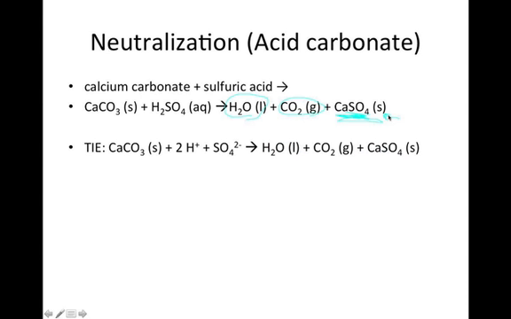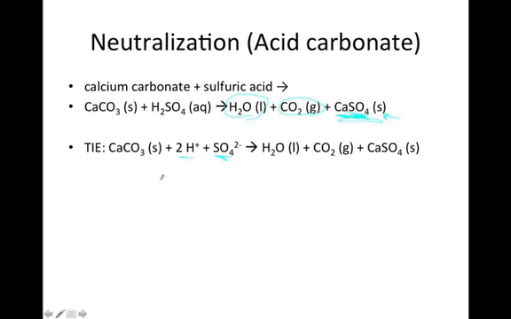So, total ionic. The only thing that we can split up in this case is going to be the hydrogen ions and the sulfate. And if we look at the other side, then we can see there is nothing whatsoever to cancel out. No sulfate over here, it's bonded, no hydrogen.